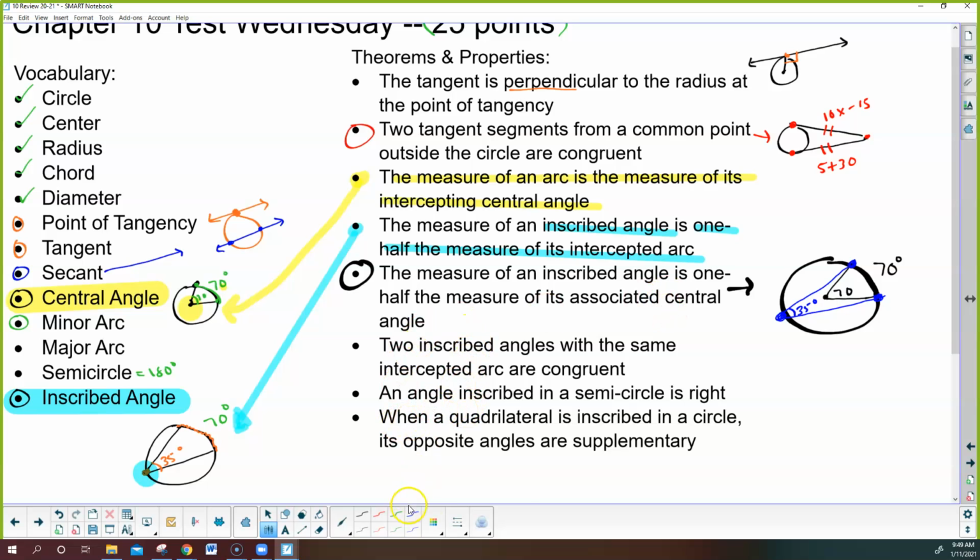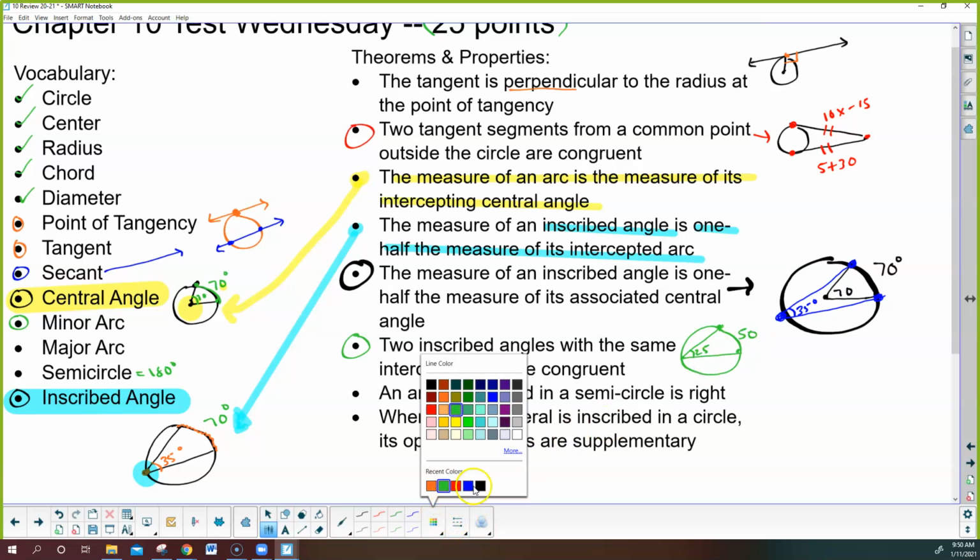All right. And let's see. This one: two inscribed angles with the same intercepted arc are congruent. So this was the idea that if I had this angle here, and let's say that this was 25, right? If that's 25, then we know its intercepted arc is 50.